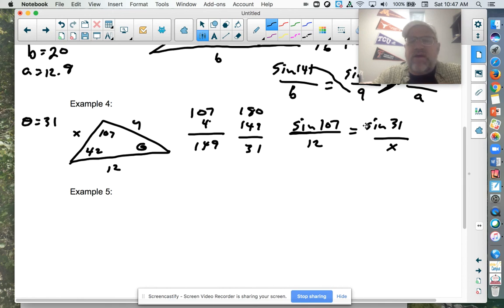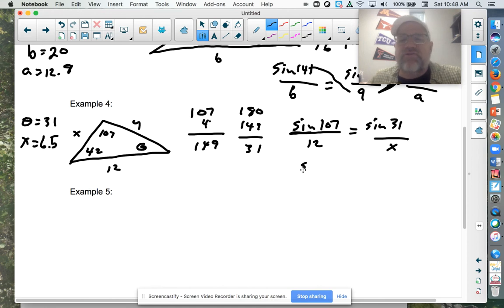So I'm going to say sine of 31 times 12 equals divided by sine of 107 equals. All right, so I got a value of x is 6.5. That's estimated, of course.